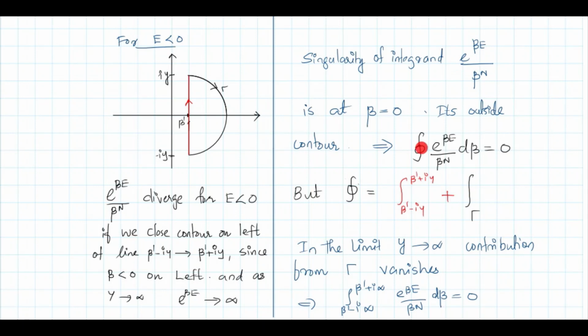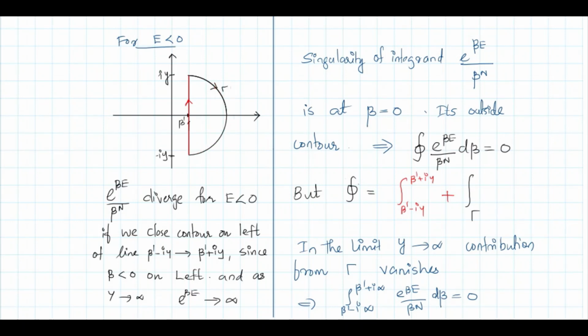Therefore, the closed contour integral of e raised to beta E divided by beta raised to N d beta is 0. But this is the answer for the closed contour. This closed contour I can write as the sum of this red straight line integral and this semicircle gamma.